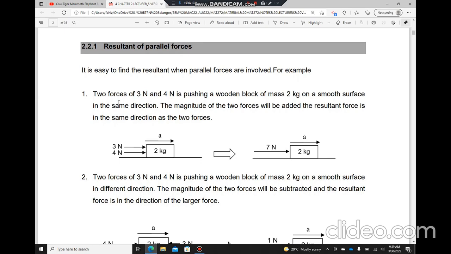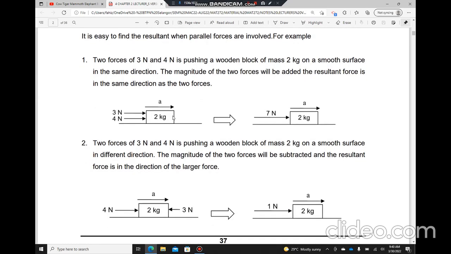Okay, for example, two forces of 3 Newton and 4 Newton is pushing a wooden block of mass 2 kg on a smooth surface in the same direction. Okay, so kita ada satu mass 2 kg and then kita ada two forces 3 Newton and 4 Newton. The magnitude of the two forces will be added. The resultant force is in the same direction as the forces. So kat sini bila kita nak kira resultant force, awak just tambah 3 plus 4.